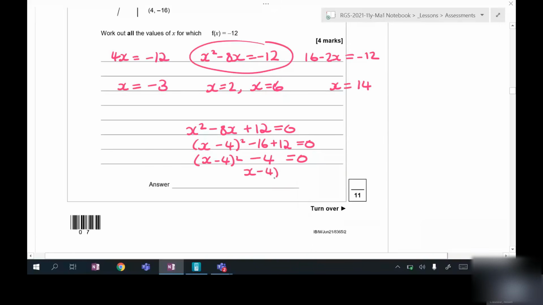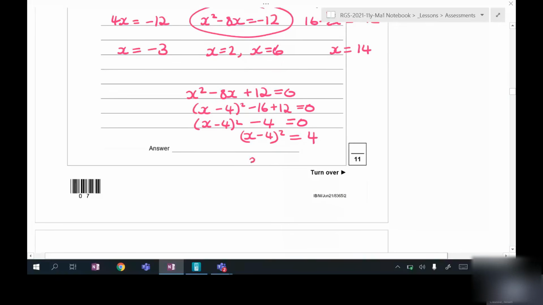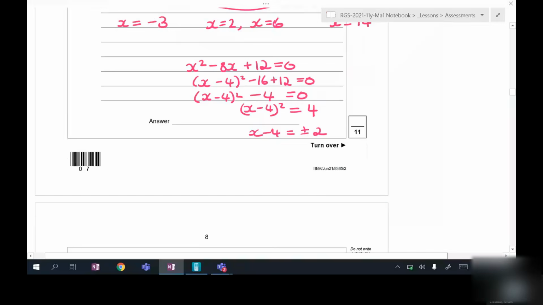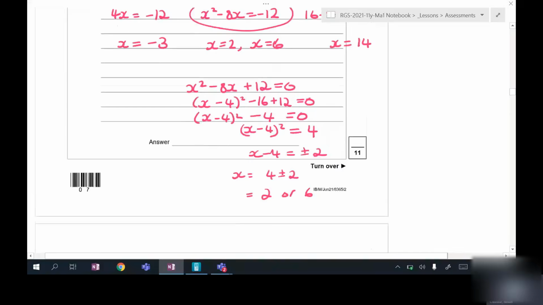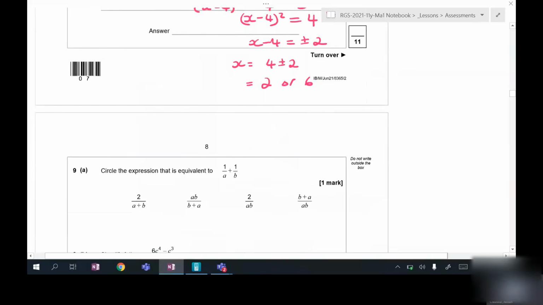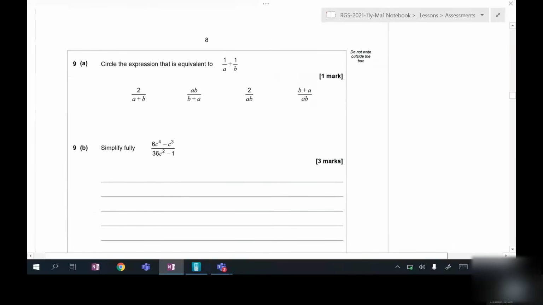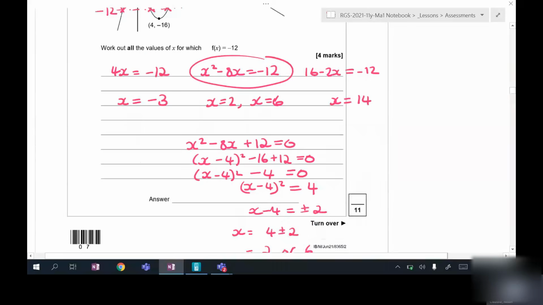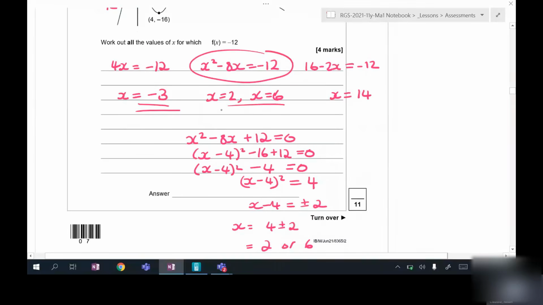Then rearrange: add 4, square root, plus or minus 2. So x is 4 plus or minus 2, so 2 or 6. But if you don't have a calculator, I would definitely recommend getting one ASAP. And that was it, so just finalise the answers.